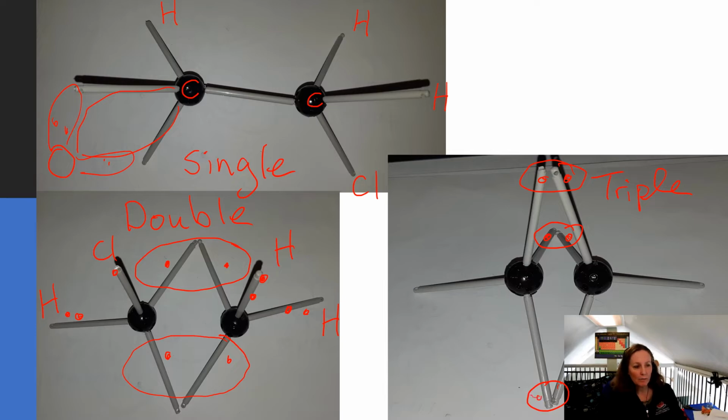Now, in order to make sure that we get all the electrons we need, what do we have for this carbon? 1, 2, 3, 4, 5, 6, 7. And you would have the same thing over here. So what you would need, oh, my pen left. Sorry. Here we go. I'll get that pen back.